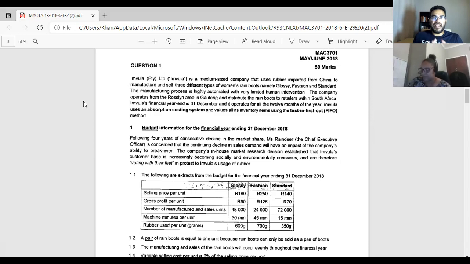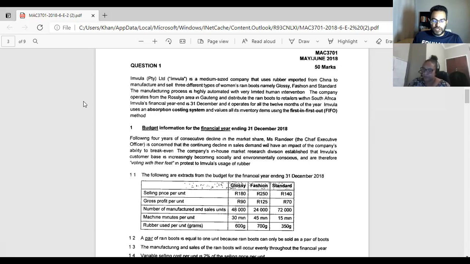Under the variable costing system, it is only variable manufacturing overheads, whereas the absorption costing system includes both variable as well as fixed manufacturing overheads. So the difference between variable and absorption costing is the treatment of fixed manufacturing overheads. Very, very important. Just another important aspect that you need to be aware of.